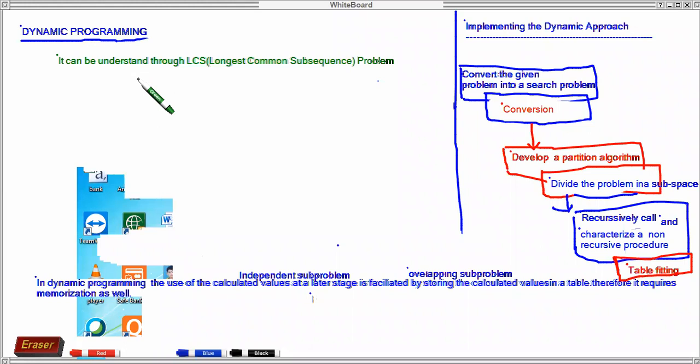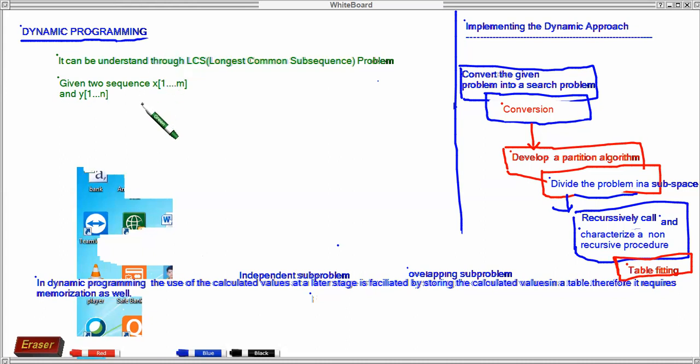Now let us see. Given two sequences, let x be from 1 to n. One sequence is there, and another sequence, let's say y, is from 1 to n. These are the two sequences given: one is x, another is y.